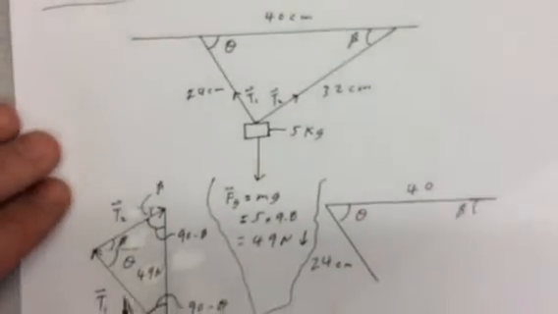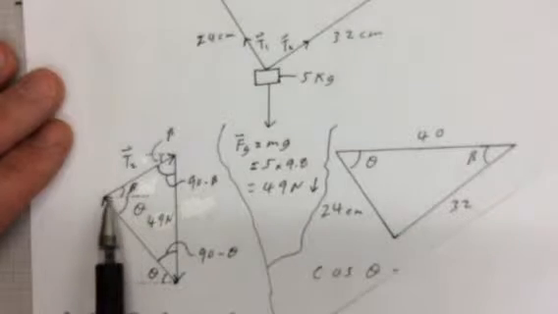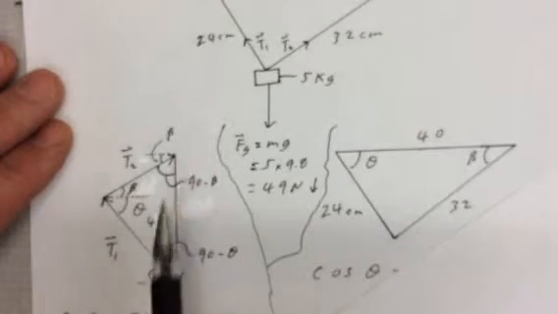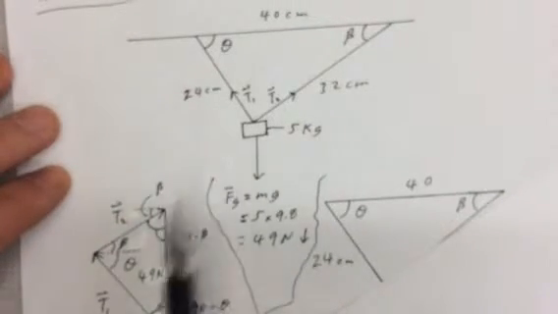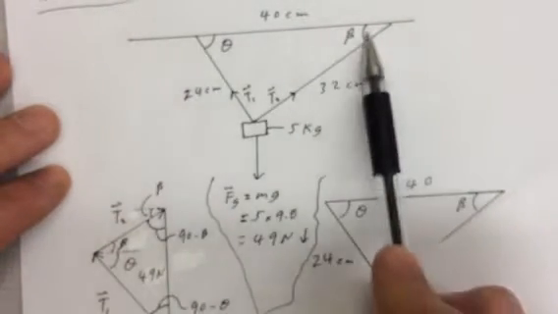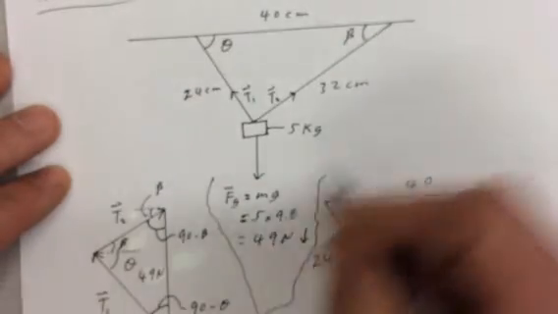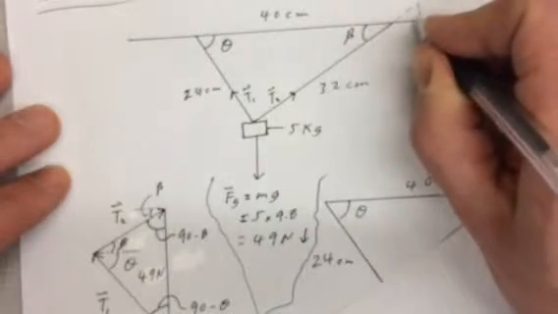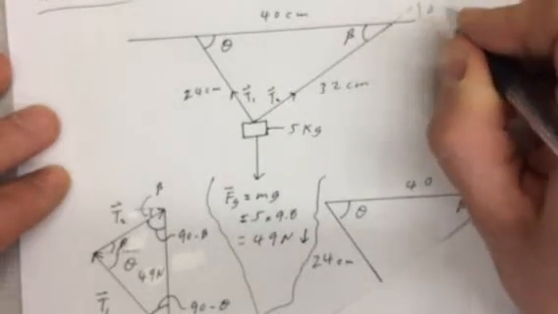And so when we look at these two tensions in this diagram, we've created the triangle. There is a horizontal where they're connected. So there is theta, which is the same as that. And there is beta, which is the same as that. You could see that as if the tension was moving up that way. There's also beta.